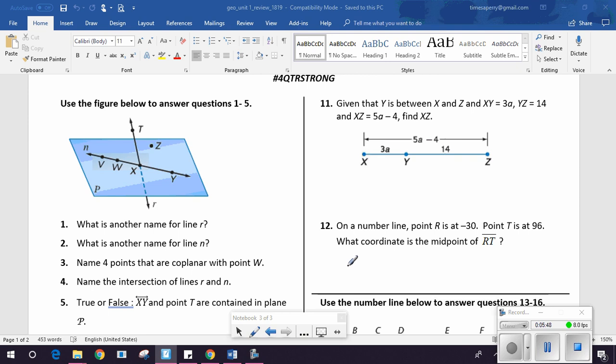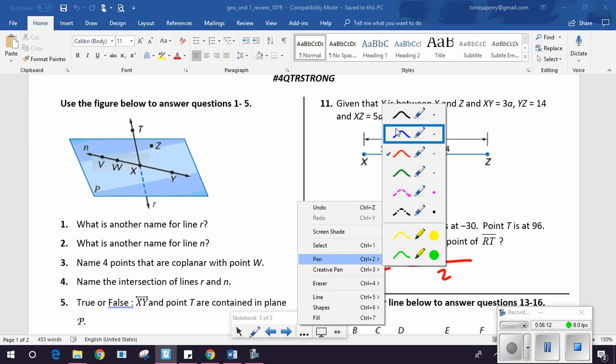Number 12. On a number line, point R is at negative 30. Point T is at 96. What coordinate is the midpoint of RT? So the midpoint formula is x sub 1 plus x sub 2 divided by 2. All right, so let's just insert the current values.